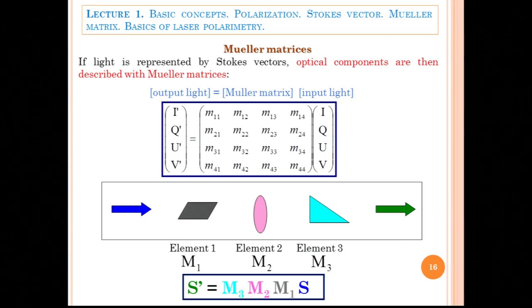What object did this perturbation in polarization states? So, together with Stokes, if light is represented by Stokes vectors, then optical components should be described with Müller matrices in such a way. This is a polarization description of the output light.